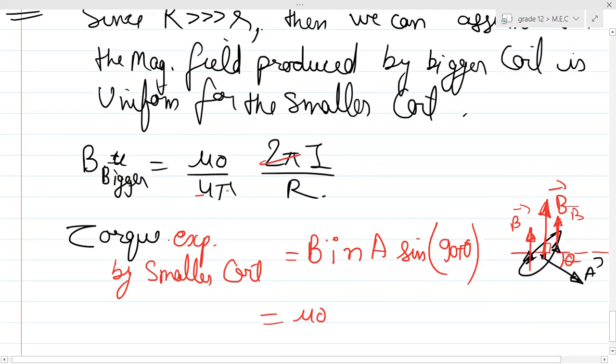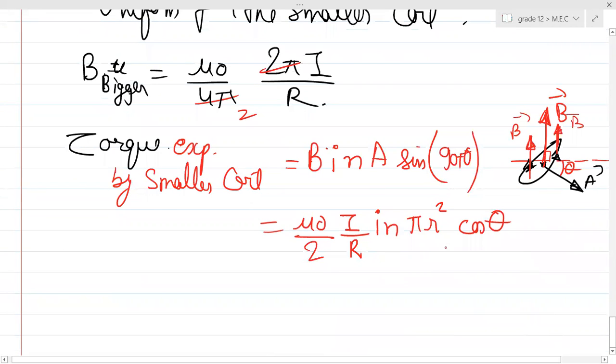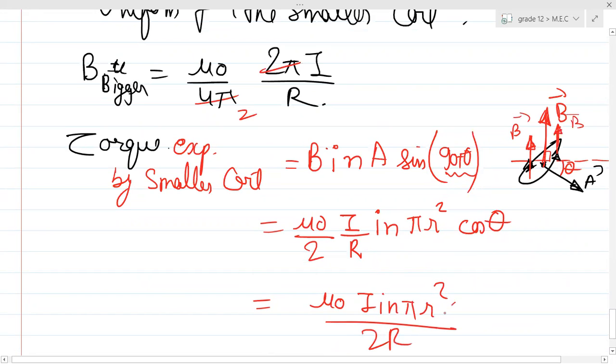So let me solve it now. Mu naught by 2 into I by R into small I into pi r square into what is sine of 90 plus theta? Cos theta. Plus cos theta, second quadrant, yes, sorry, plus cos theta. So the torque is mu naught I i n pi r square upon 2 R cos theta.